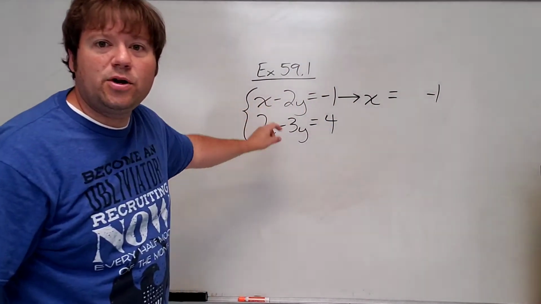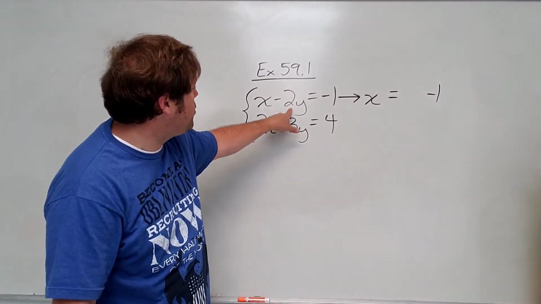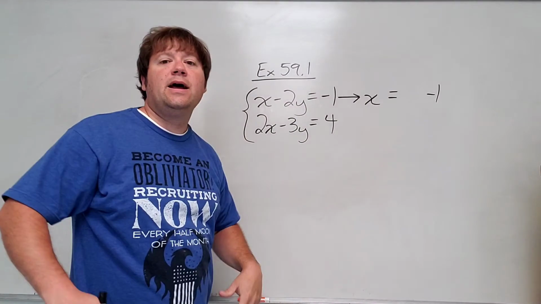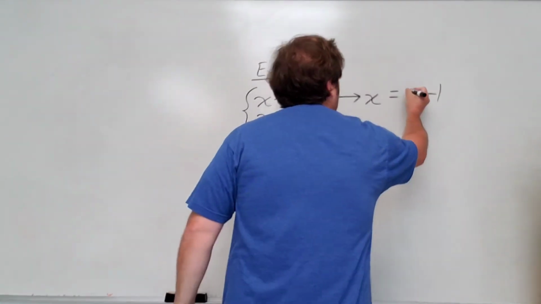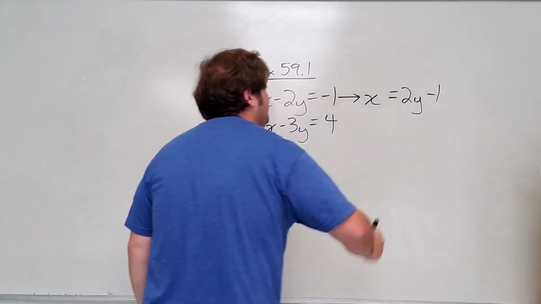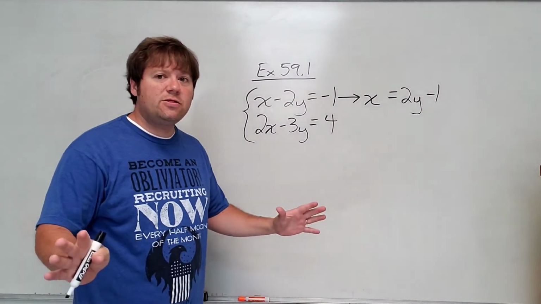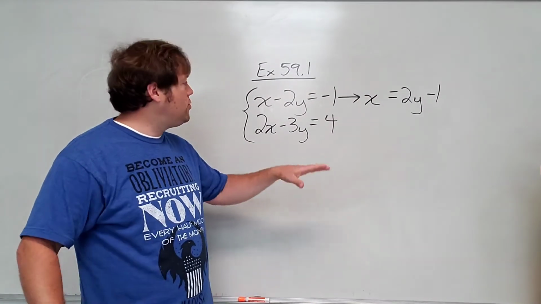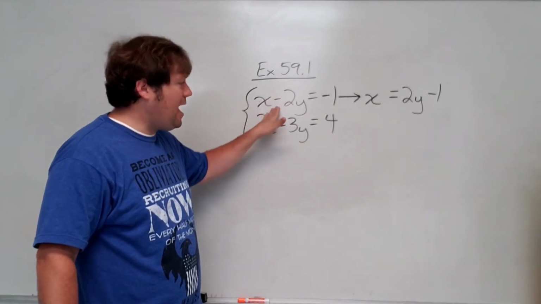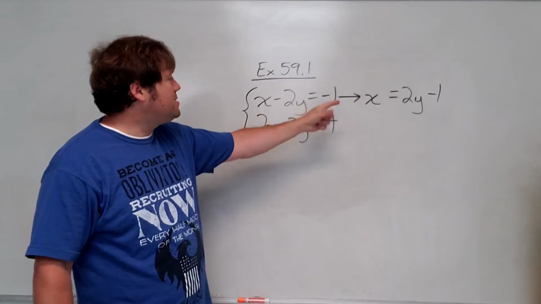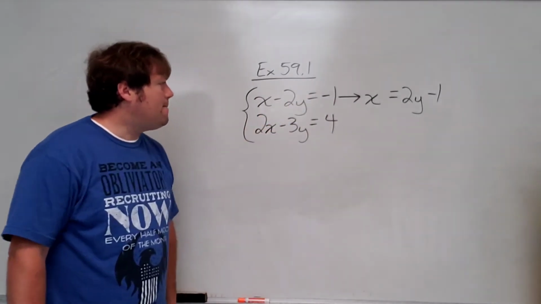The only thing that I'm going to change about this one is I am going to move the -2y over to the right side, and when I do, it will become positive 2y. So that's step one, is I just rearrange the equation. Nothing fancy here. All I'm doing is I'm leaving x on the left and moving everything else to the right. So it becomes x equals 2y minus 1.